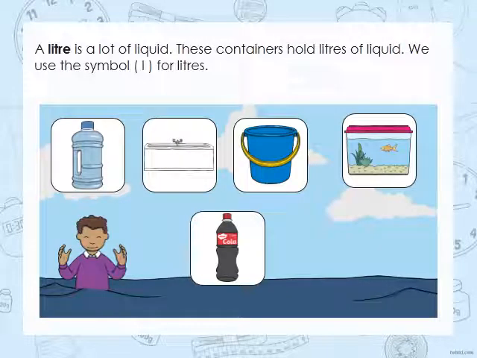Now, let's talk about liter. What does liter mean? A liter is a lot of liquid. It's a large amount of liquid. These containers hold liters of liquid. We use the symbol L for liters.